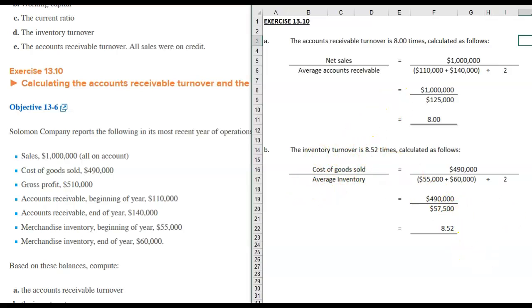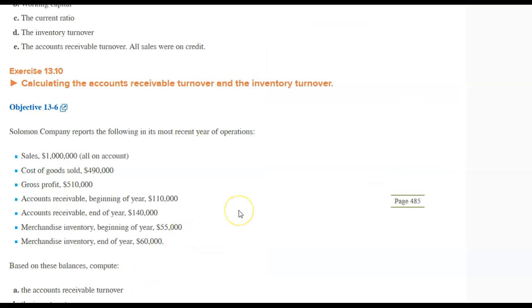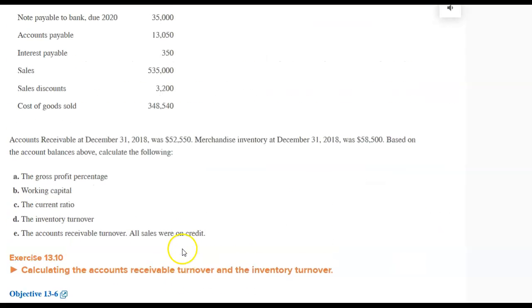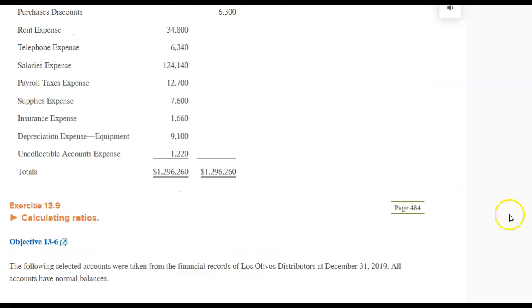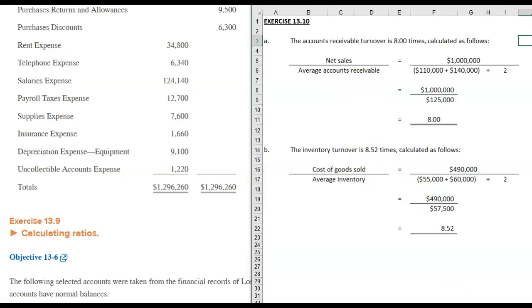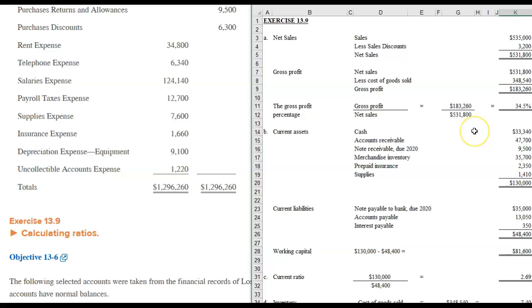Inventory turnover. Okay. All right, so the computation ones you guys can just do, filling this in on yourselves. That's not a big deal. It's just simple math. I'll leave it up for a second.